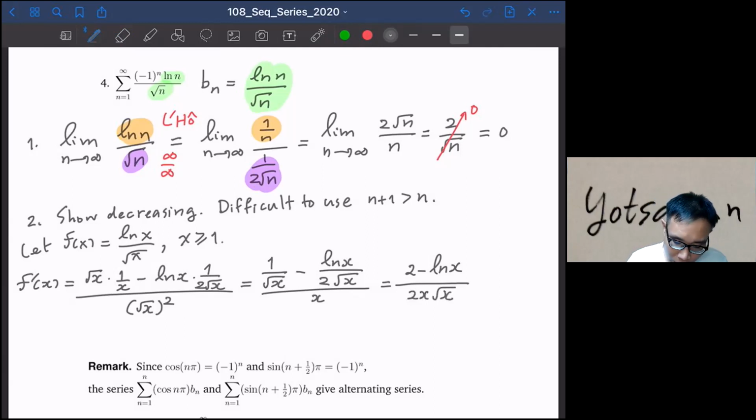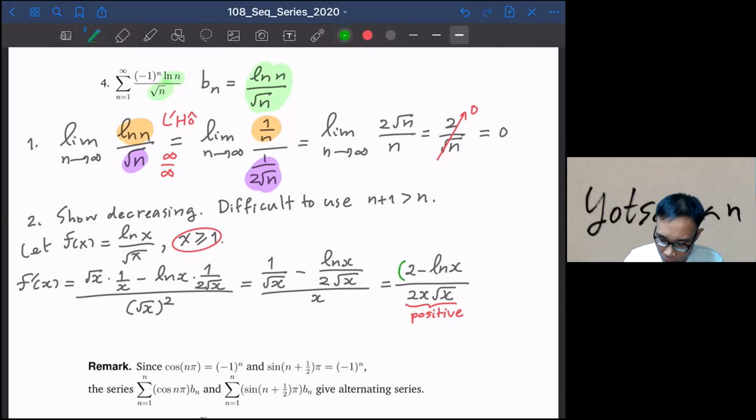And you see that for this, the denominator is going to be positive, because x is positive. And you have 2 minus log x.